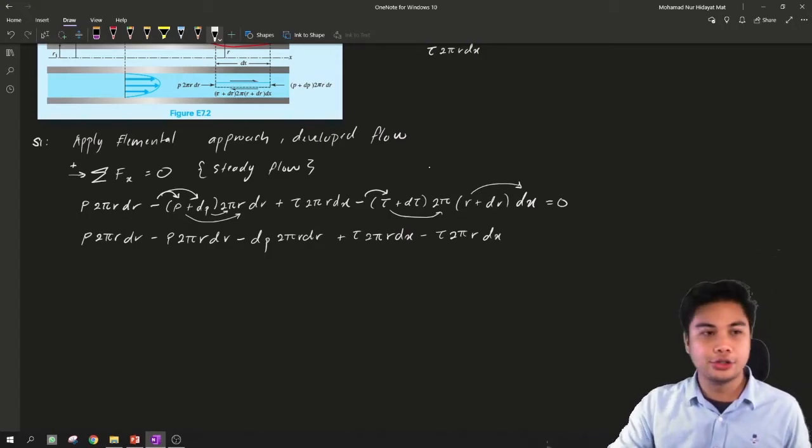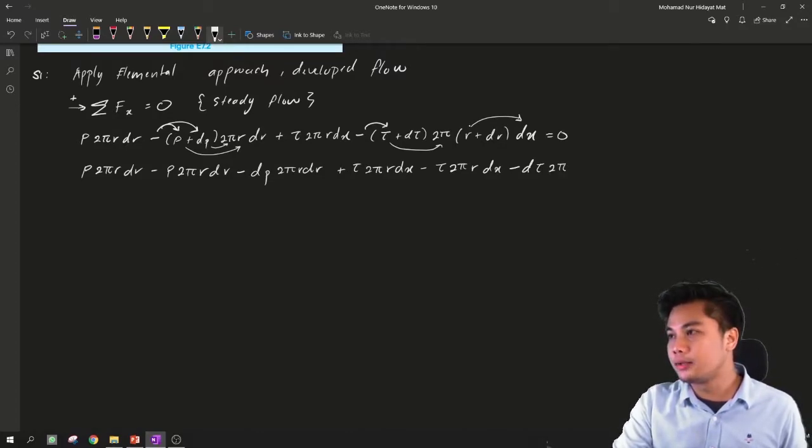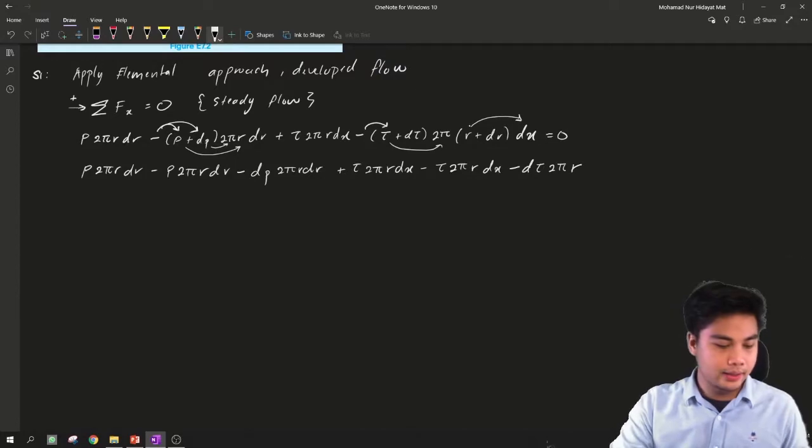Then continue again: negative d tau multiplied with 2 pi multiplied with r. We try to solve this one first.